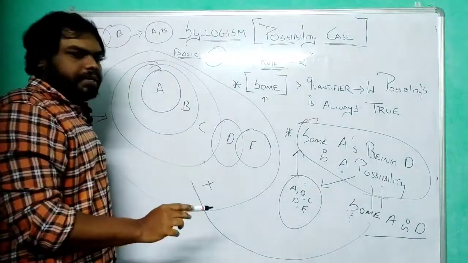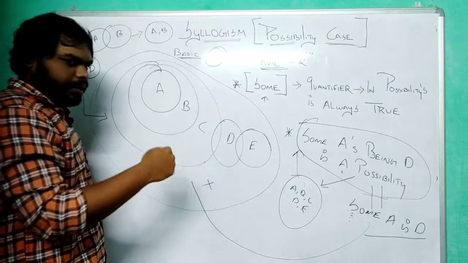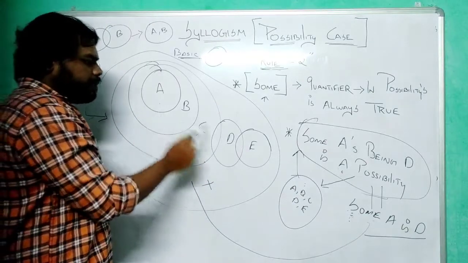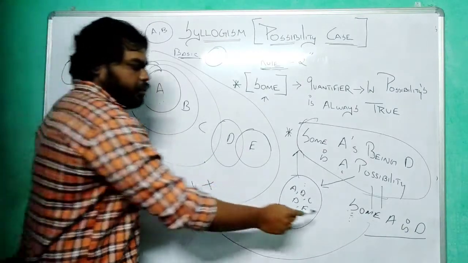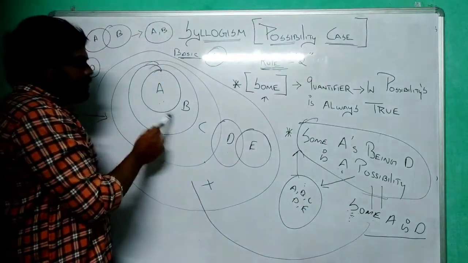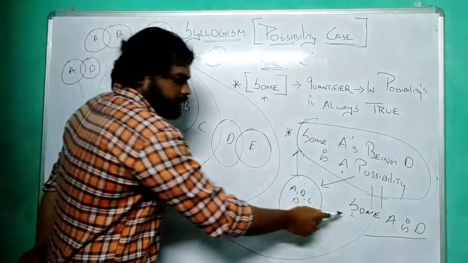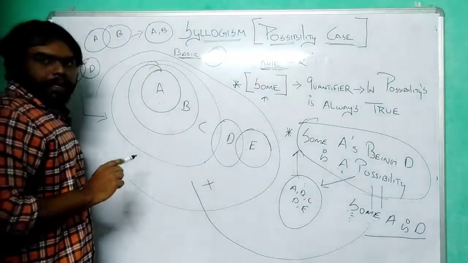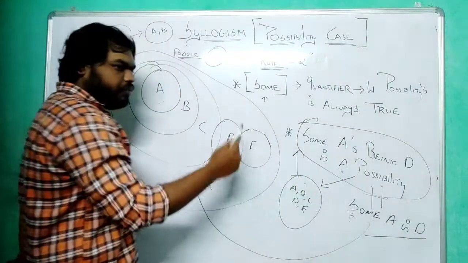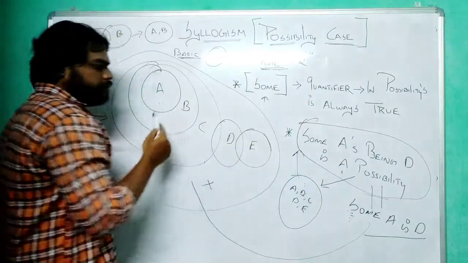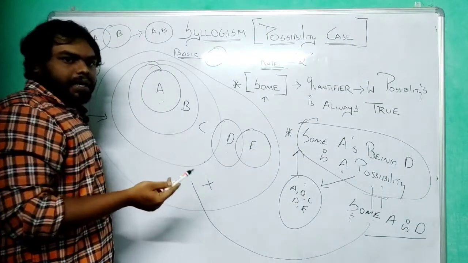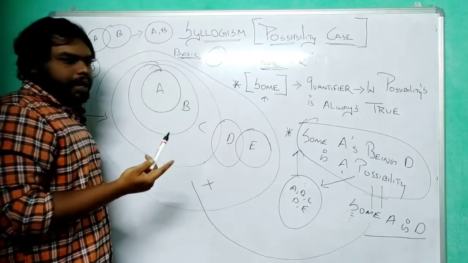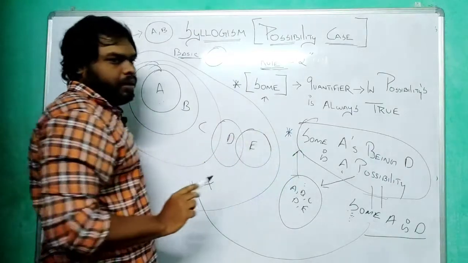He is definitely trying to tell that there is some connection between A and D. So if I see there is no connection between A and D here for this statement, but for the possibility statement, I should always check for possibilities, right? I should find a way to connect A and D. If I cannot connect even in a single possible diagram, then I can say this is wrong, right?